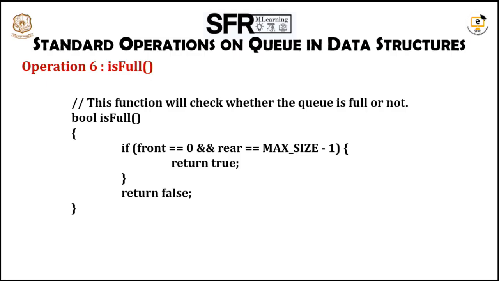Now let us see the isFull operation. This operation returns a boolean value that indicates whether the queue is full or not. In the above example, check if the front value is equal to 0 and the rear value is equal to the capacity of the queue. If yes, return true, otherwise return false.